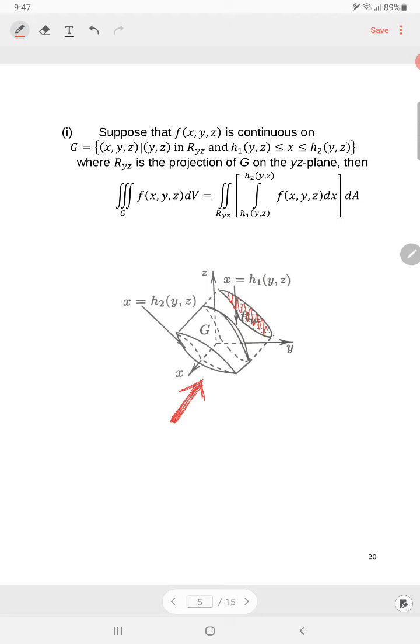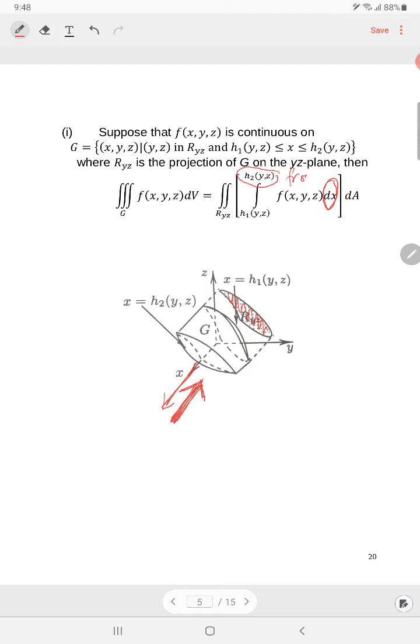So the order of integration should be that you integrate with respect to x first. For x, here we have the x coordinate. As you can see, it is larger to the front, and as you move backward, it becomes smaller. So the upper limit for x would be the front surface, and the lower limit for x would be the back surface.